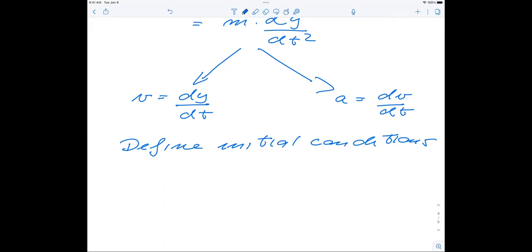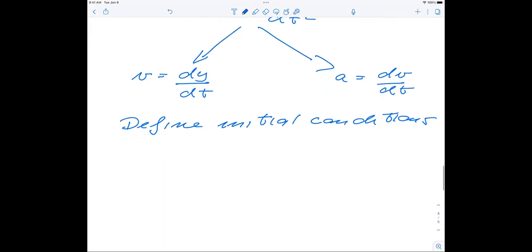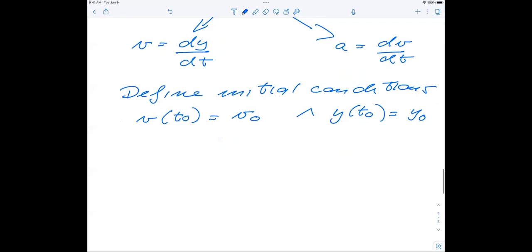Your solution will be a general one, but it's when you specify the initial conditions that you will get the unique one for the system you are studying. So you would typically specify a v at time t0, which last week we dubbed v0. And then we would also specify the position at t0, and time is given by the variable t. And t0 is something we are going to use throughout the semester to indicate the initial time.